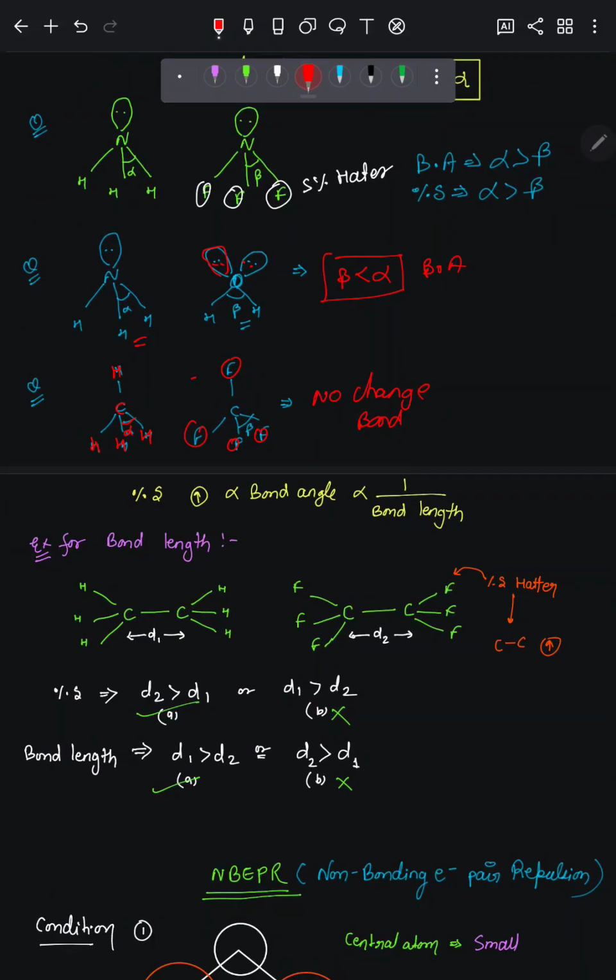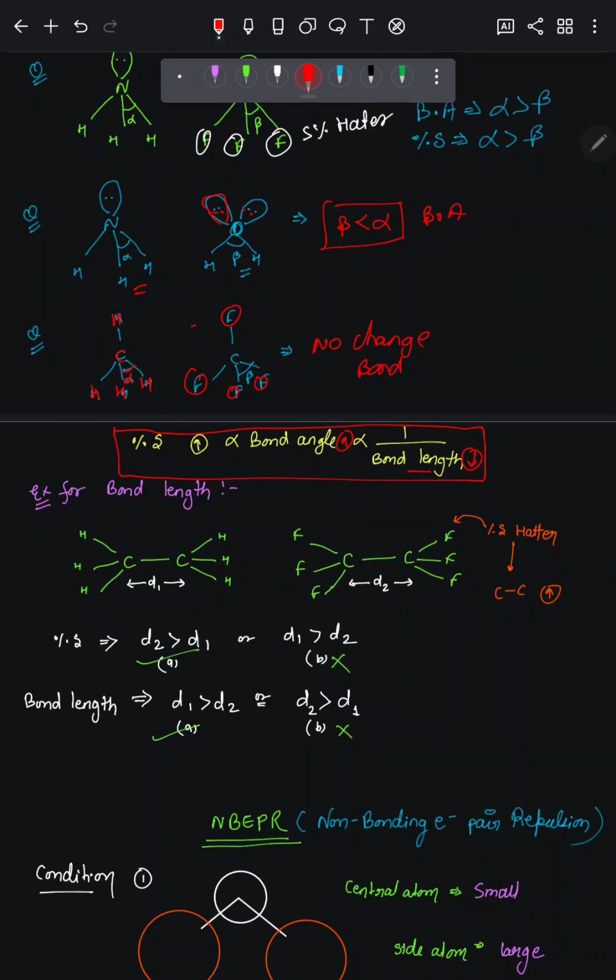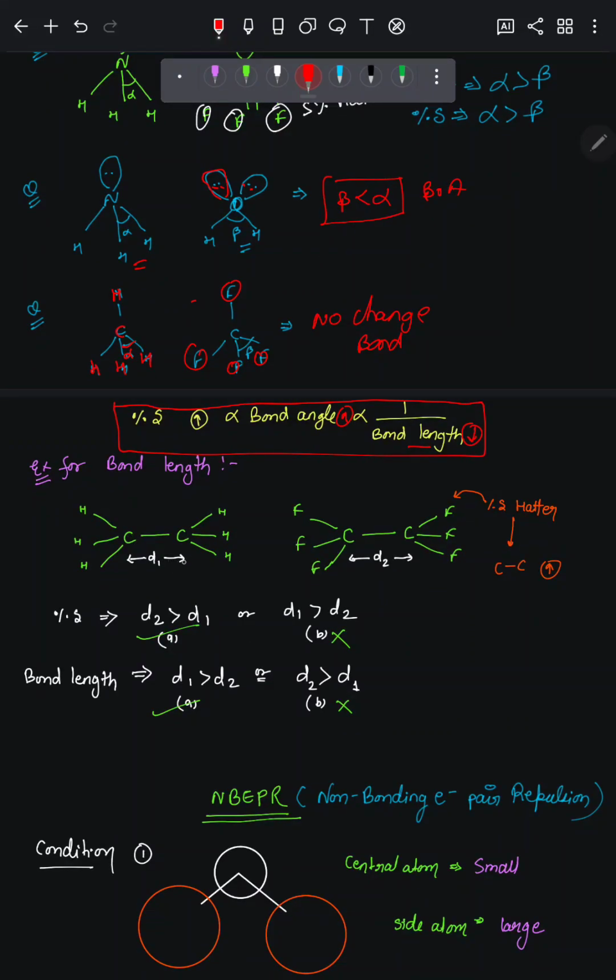Now let's see some important points, which are these. If percent S is increasing, then bond angle will also increase and bond length will decrease. So bond length is inversely proportional to percent S character. For example, as you can see, this is D1 and this is D2.